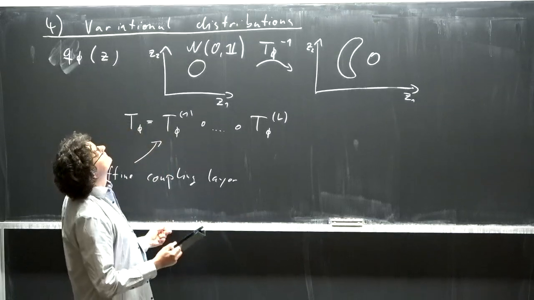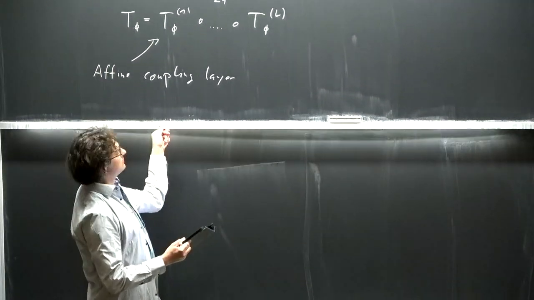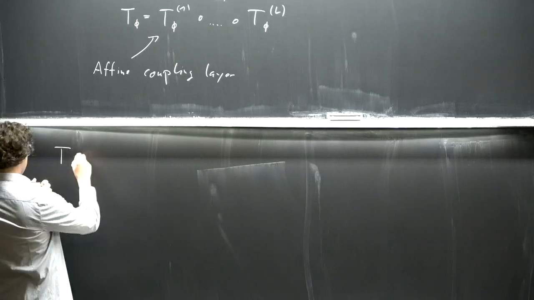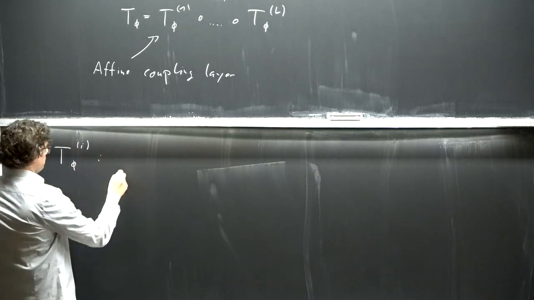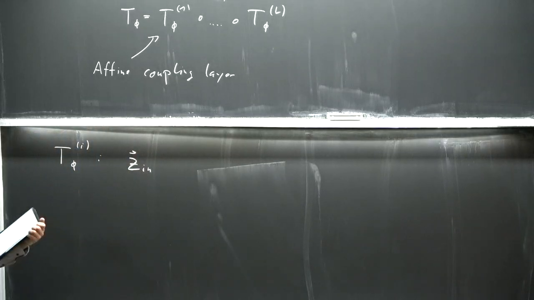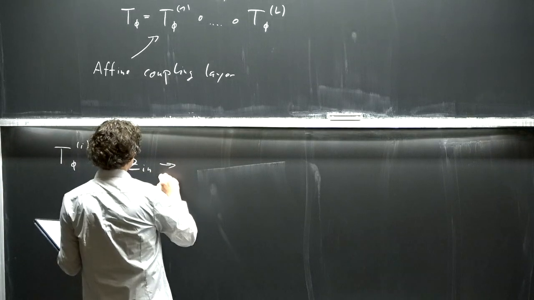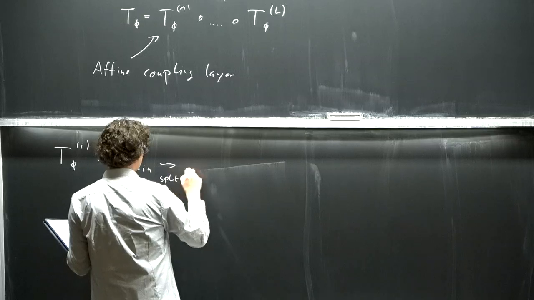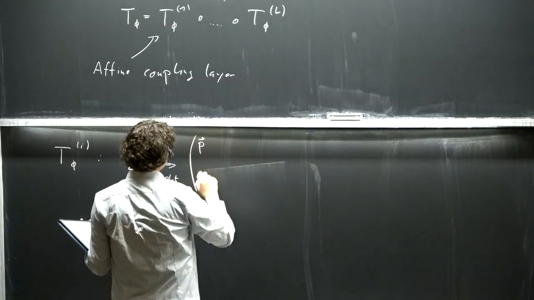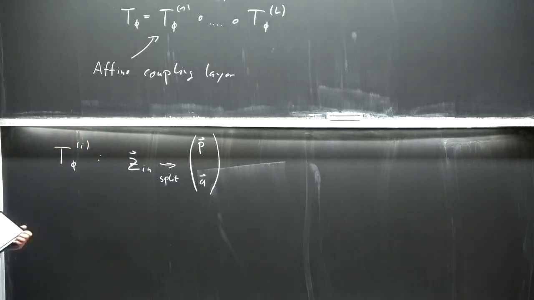So the idea is the following. We're interested in building a transformation, and let's say we have some input vector z. Then the first step is to split this up in parts that we call P for passive and A for active.